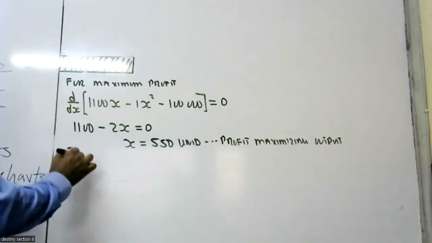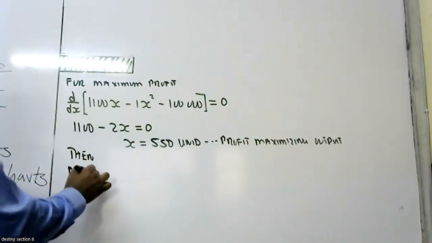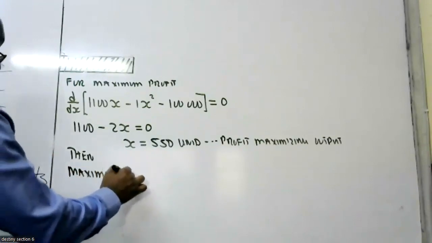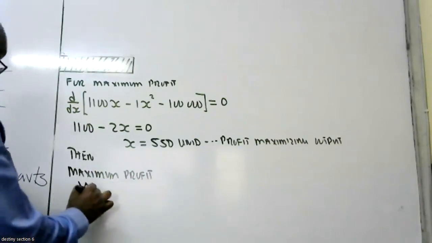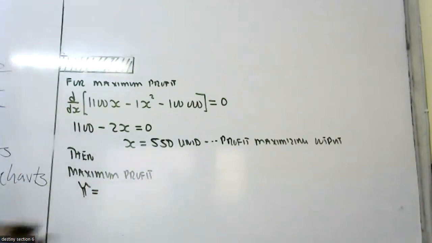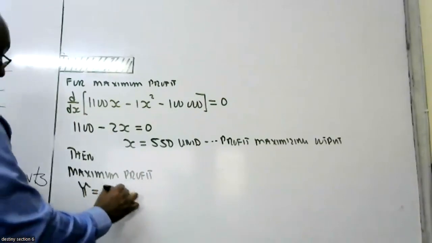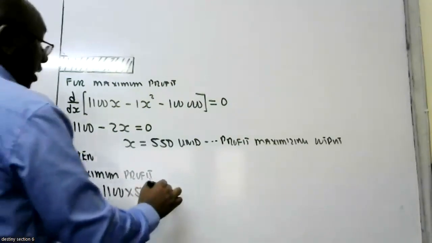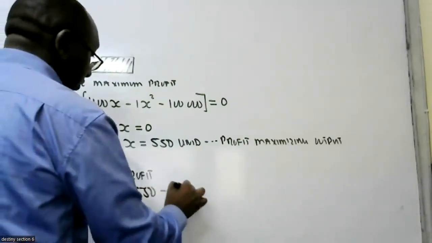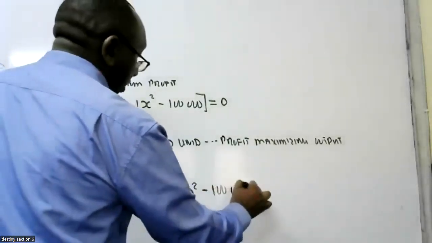Then maximum profit. Maximum profit is pi equals, you take this equation and substitute: 1100 times 550 minus 550 squared minus 100,000.